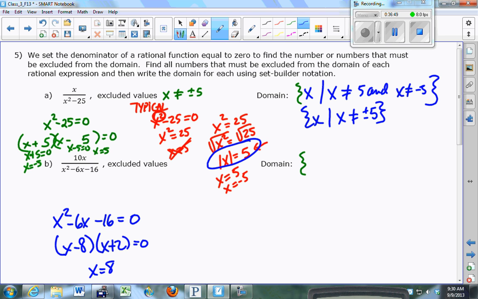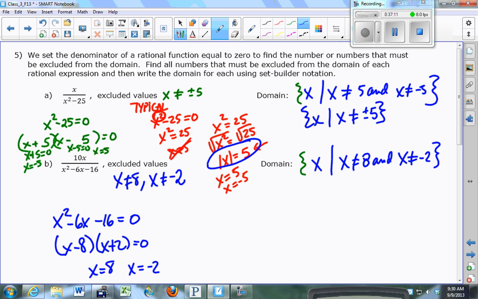So x equals 8, or x equals negative 2. So those are the excluded values. X cannot be 8, and x cannot be negative 2. So your domain here is the set of all x except x cannot be 8 and x cannot be negative 2.